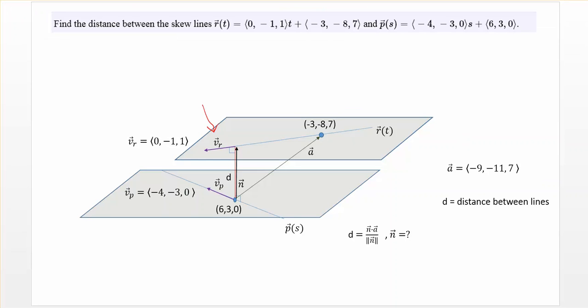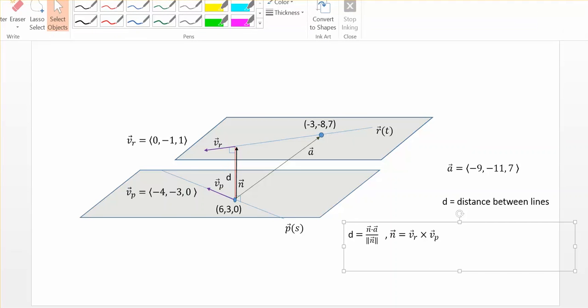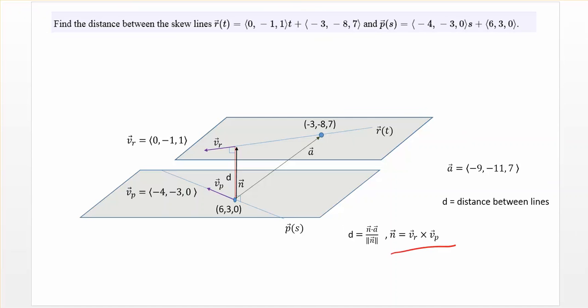This is perpendicular to this plane's normal vector. And V sub p is also perpendicular to its plane's normal vector. This normal vector is then perpendicular to both lines and orthogonal to both planes, which means we can use the cross product, because the cross product produces a vector that is perpendicular to the two vectors that it is crossing.